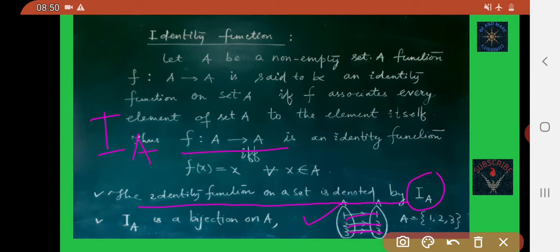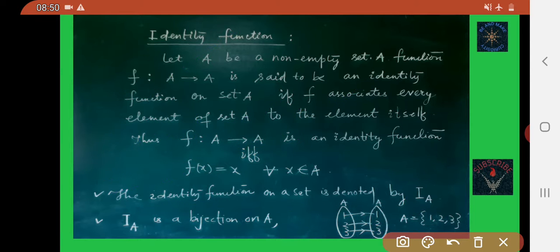This is equal to x. So identity function, and as it is onto and 1-1, it is both 1-1 and onto function, that's why it is a bijective function.